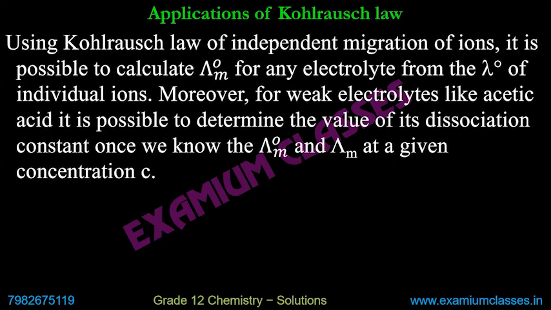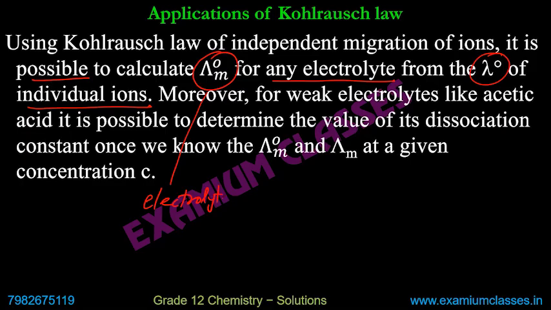Using Kohlrausch law of independent migration of ions, it is possible to calculate lambda m naught for any electrolyte from lambda naught of individual ions. Now remember, capital lambda naught is for electrolyte. Lowercase Greek lambda is for individual ions.